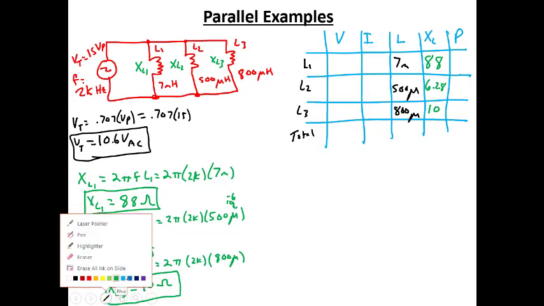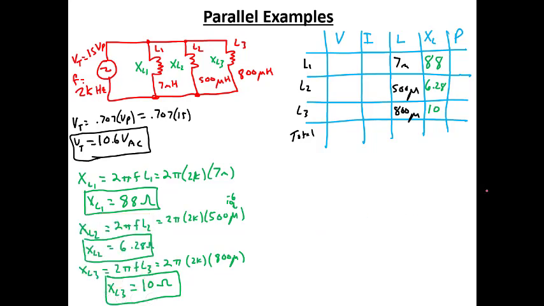Next, what we're going to do is find the total inductance, L total. Now this is a parallel problem, so we have to use the parallel formula. It's going to be L1 to the negative 1 plus L2 to the negative 1 plus L3 to the negative 1, and this one we have to be real careful with.